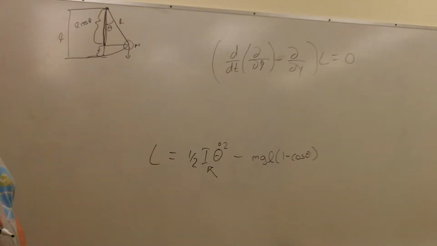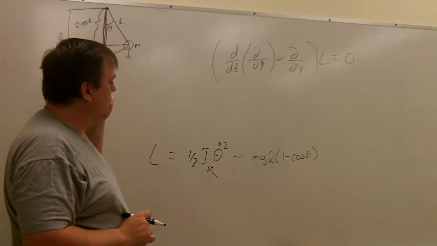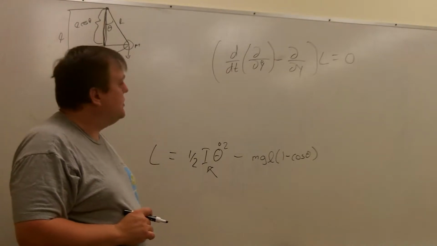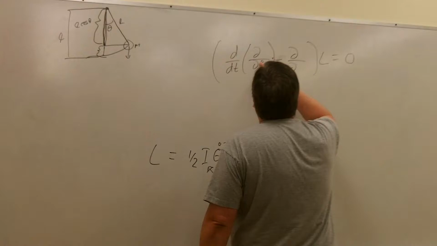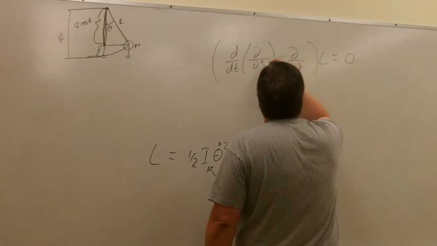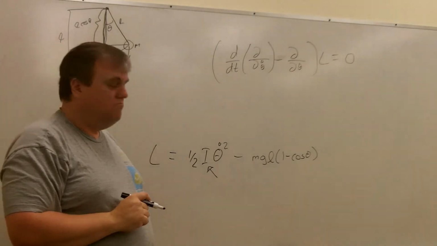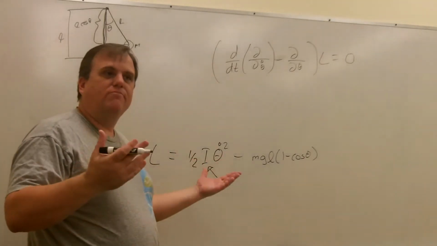Okay, so we're happy with this. Now, in this case, what's my variable? It's theta, so it's theta and theta dot. So I don't have to do this in terms of y anymore. The relevant variable is theta, and therefore theta dot. This is my Lagrangian. Let's do it.